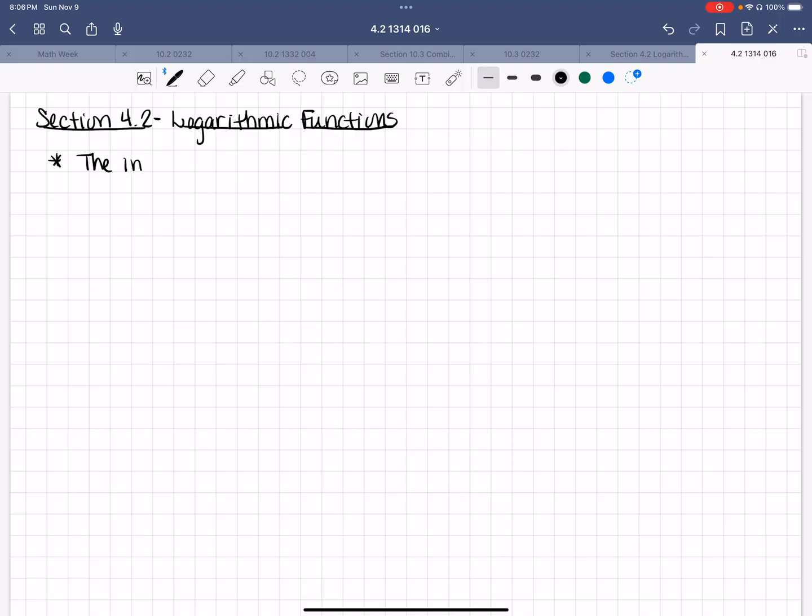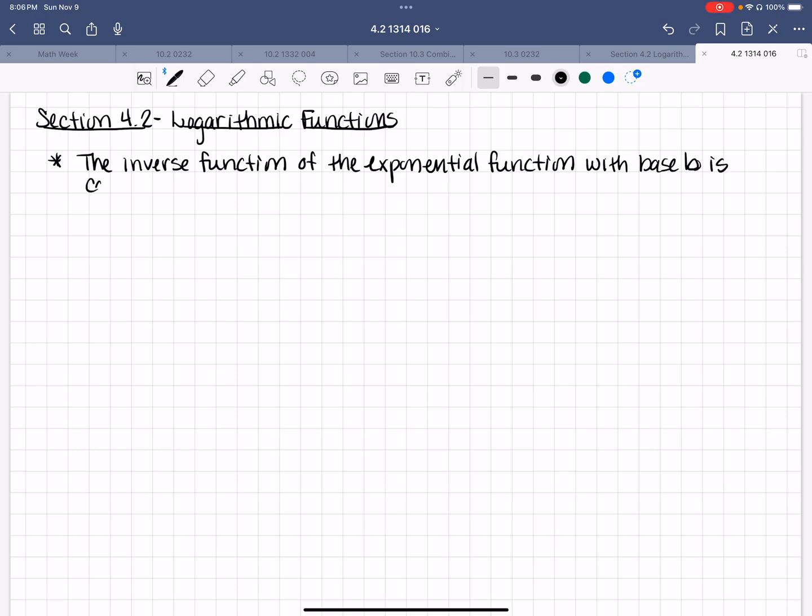The inverse function of the exponential function with base b is called the logarithmic function with base b.